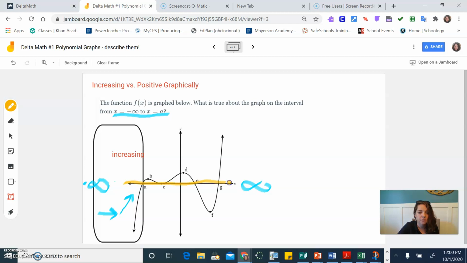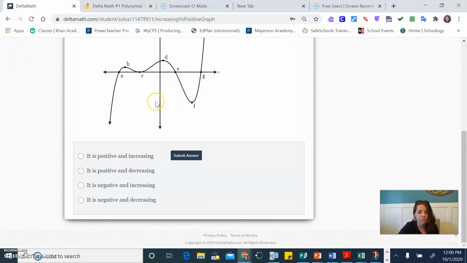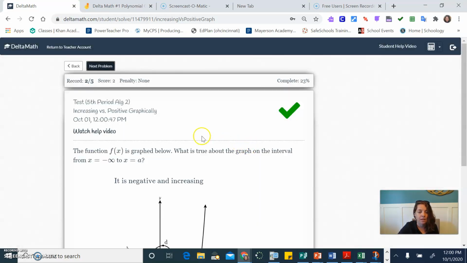Right, here's the x-axis. Well, it's below, so we would call that negative. So the graph is negative in here, but it's going up and to the right, so it's increasing. So we go back, say it's negative and increasing. Boom. Take that math.